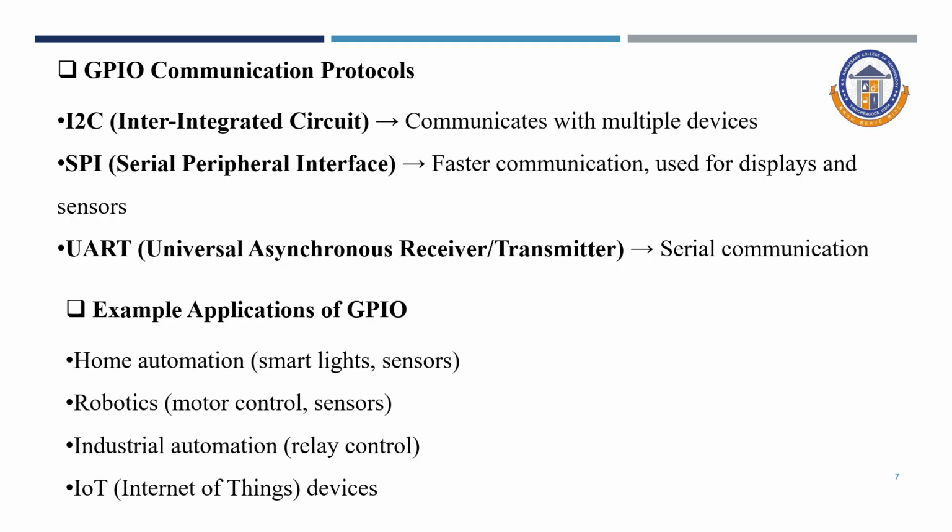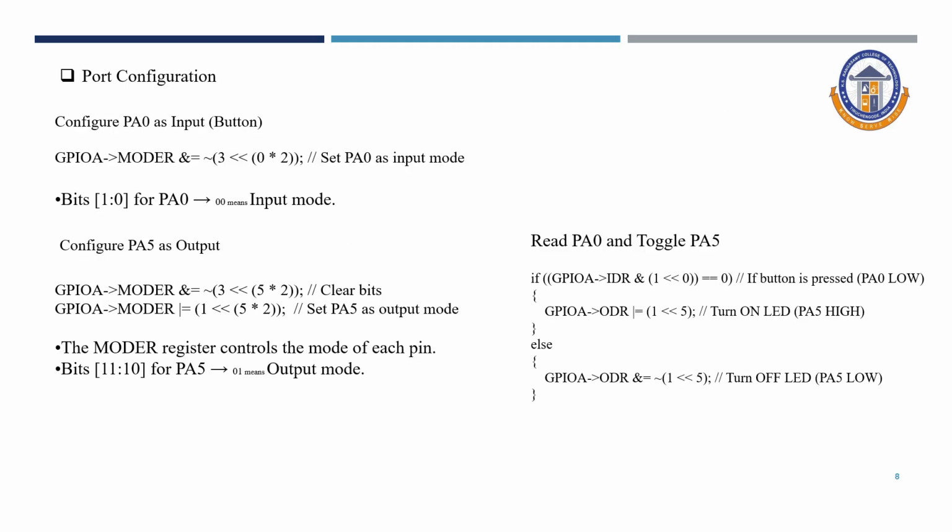Examples for general purpose input outputs: home automation, smart lights, sensors, robotics to control motors and sense signals, industrial automation, relay control, and familiarly, Internet of Things devices.